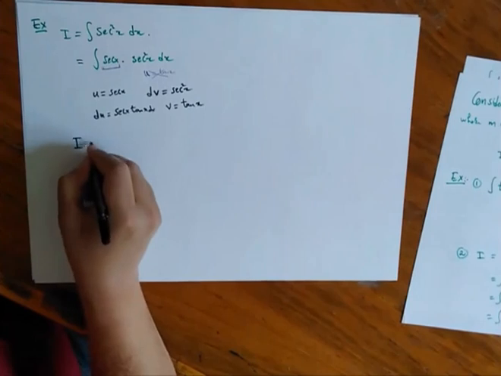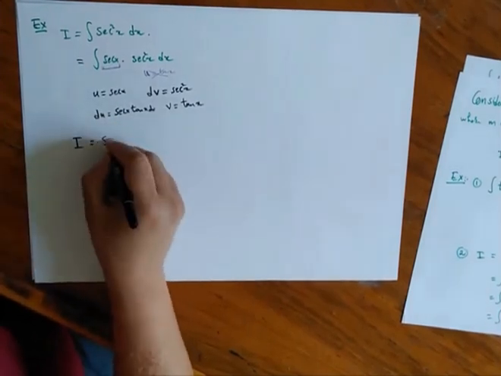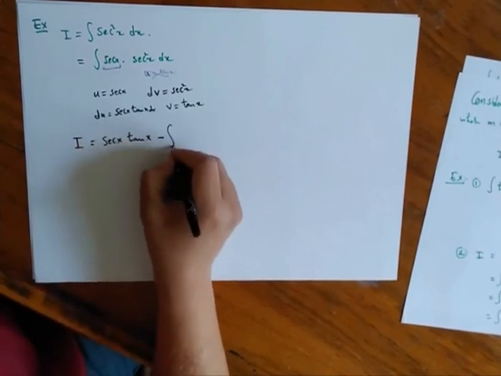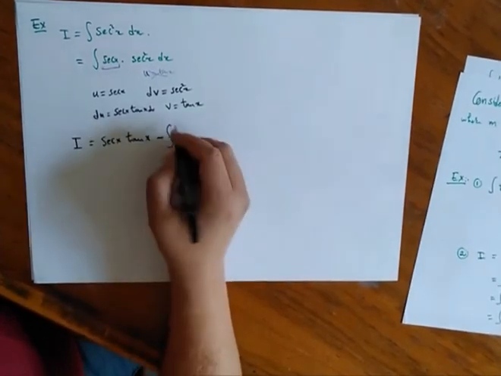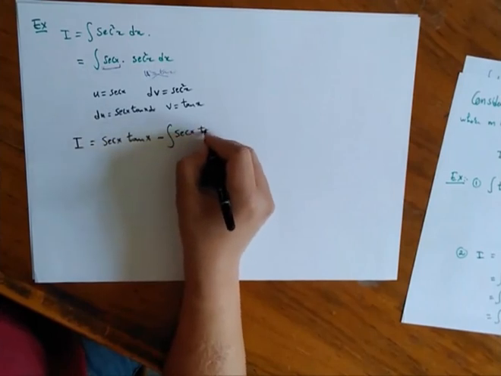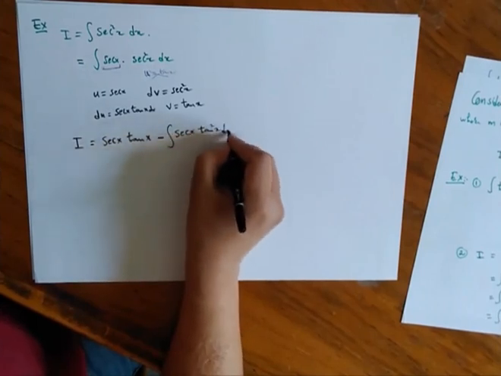So our integral equals uv, which is sec x tan x, minus the integral of v du, which is going to be sec x times tan square x dx.